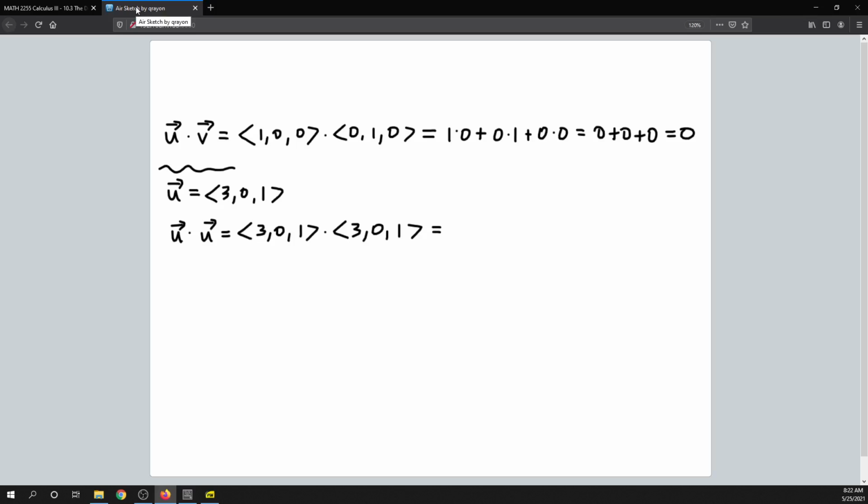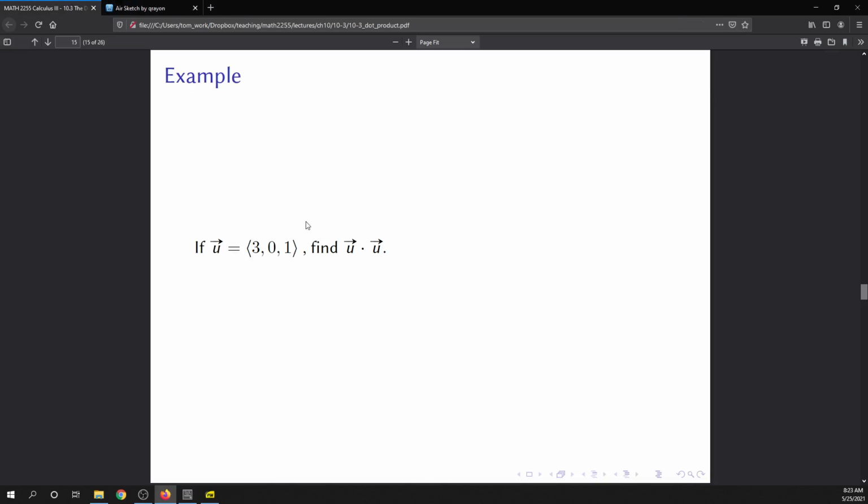And so that's going to be 3 times 3 plus the product of the second components, 0 times 0, plus the product of the third components, 1 times 1. And so it's going to be 9 plus 0 plus 1, which is equal to 10. Okay. And that's exactly the same result that we got by using the other definition of the dot product. So you can see it's giving us equivalent results. And so moving forward, most of the time when we're computing the dot product, we will want to be using this computational formula.